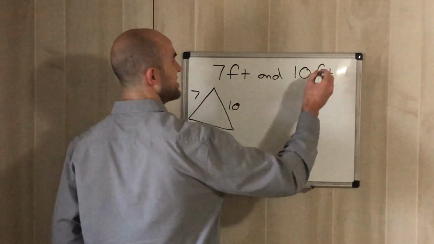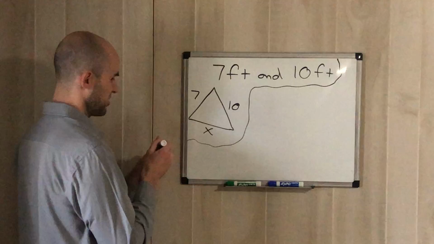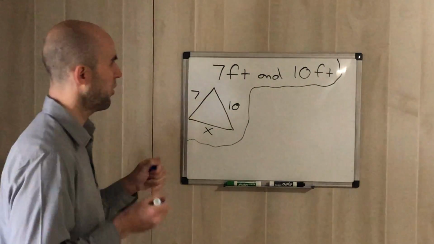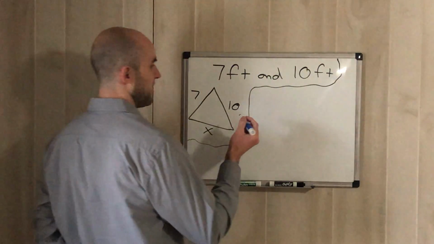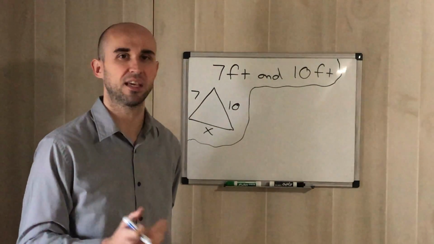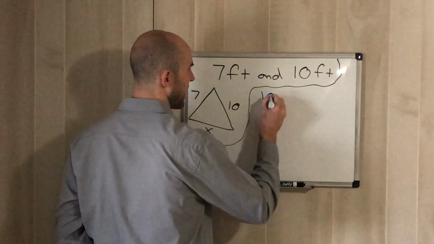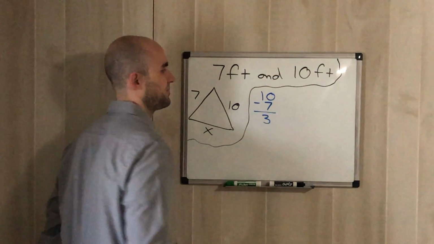And in order for us to figure that out, right? In order for us to figure out what that third side can possibly be, there is an easy way to figure that out. The way that we figure this out is by analyzing those two, 7 and 10. And what you would do to figure out the smallest that it can possibly start at, you would end up taking those two numbers and you would subtract them. 10 minus 7 gives us 3.